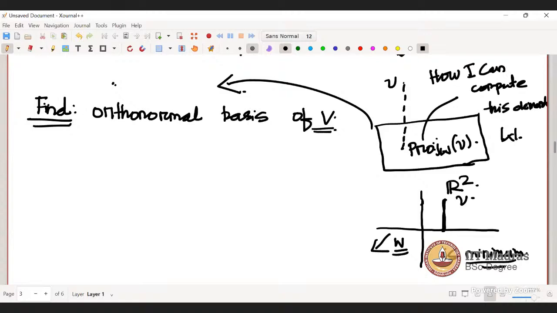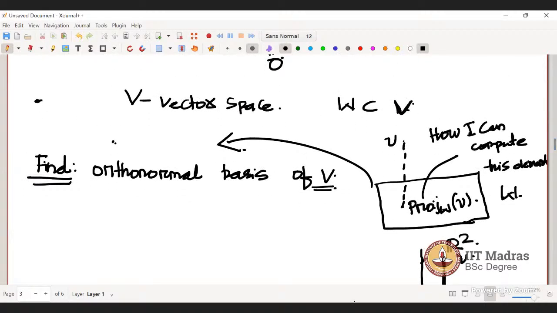Only one condition is given, that W is a subspace of V. It can be a proper subspace of V, or it can also be V. If W is V, then the projection map is basically the identity map, right? By itself.